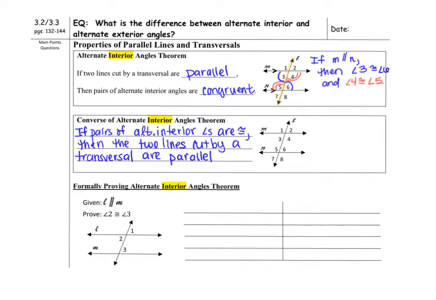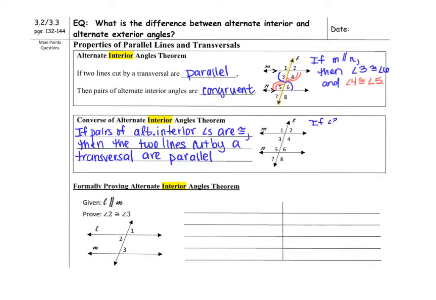are parallel. In the original conditional statement, we're given parallel lines. In the converse, we're not given parallel lines; now we're given congruent angles. So we're going to write this one the other way.